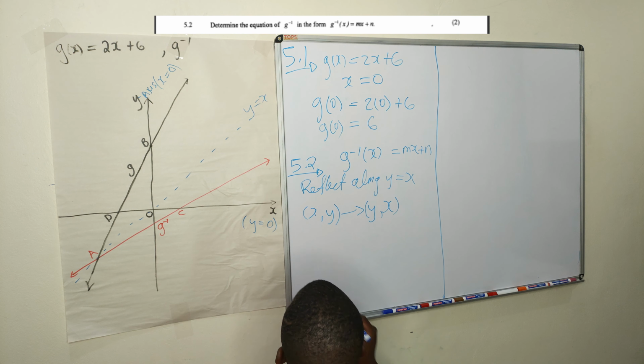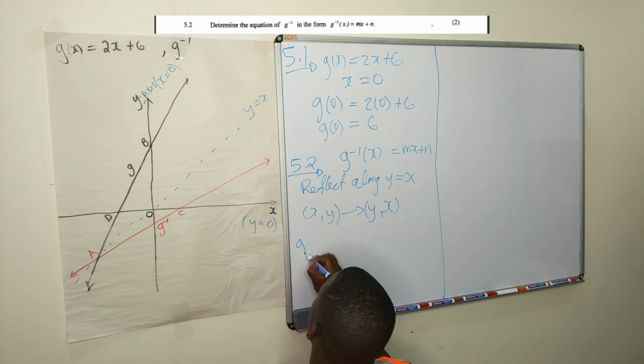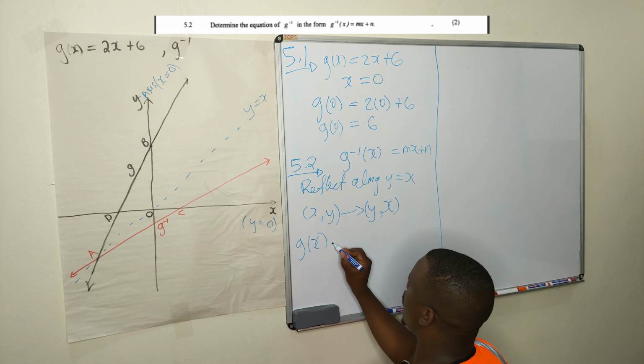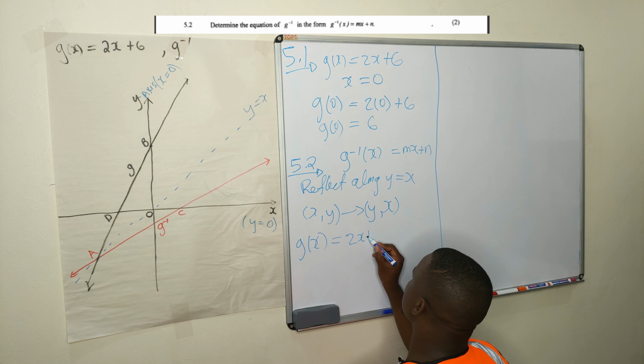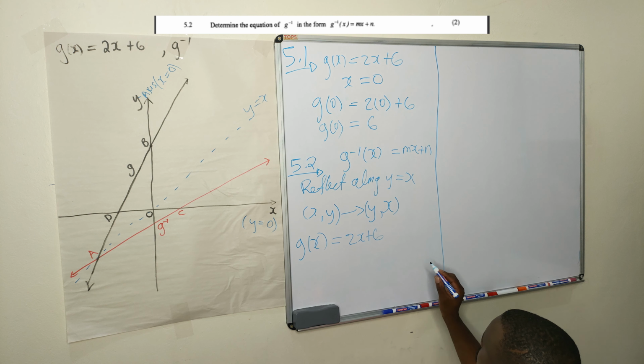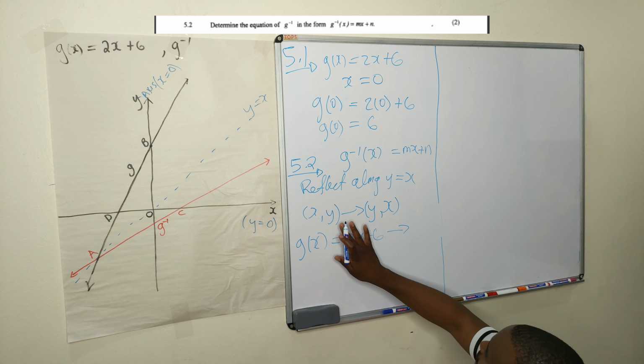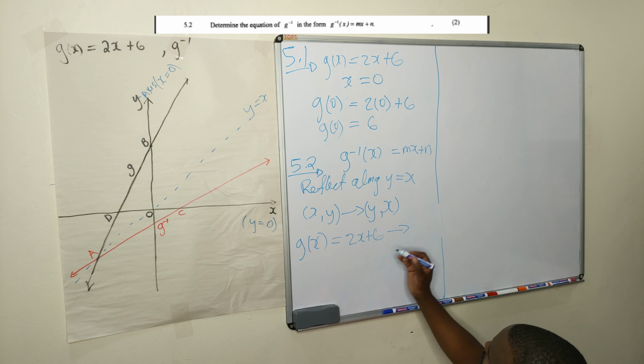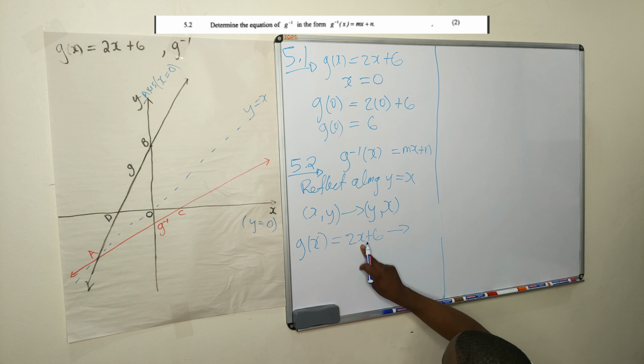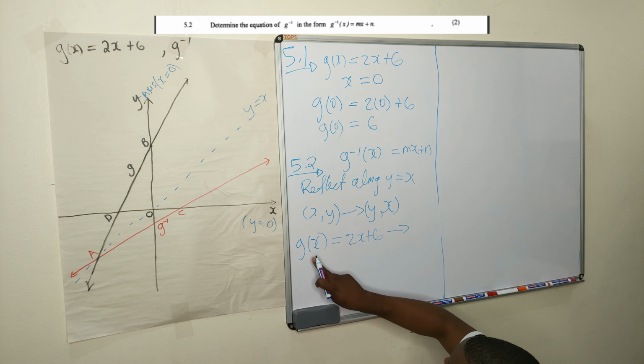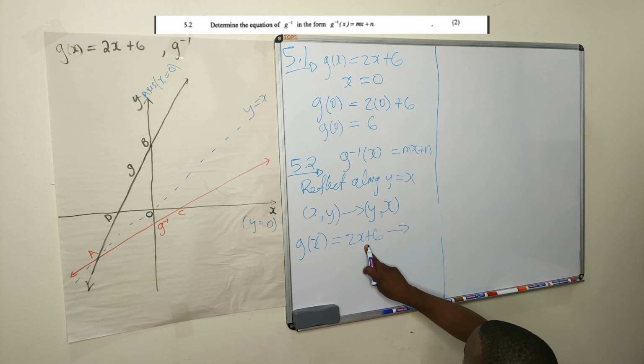So now, on the original equation g, you have g of x is equal to 2x plus 6, right? So it will become what? X and y are going to swap around, which means now your x will be here on the inverse and your g of x will be here.